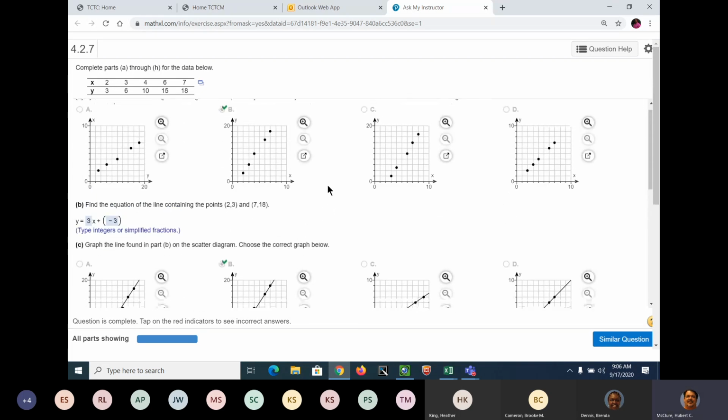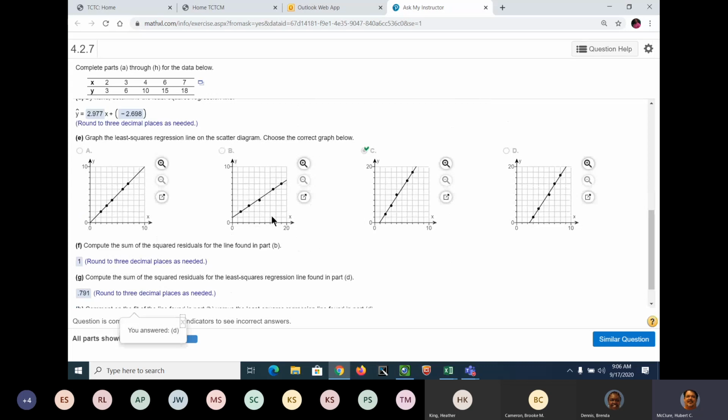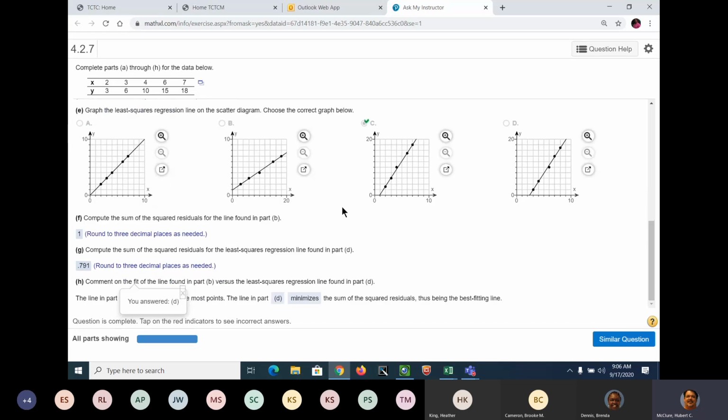This one doesn't because it's the best fit and it barely touches 1 or 2 of them. Like that one right there. So just remember this. B passes through the most points and part D minimizes.